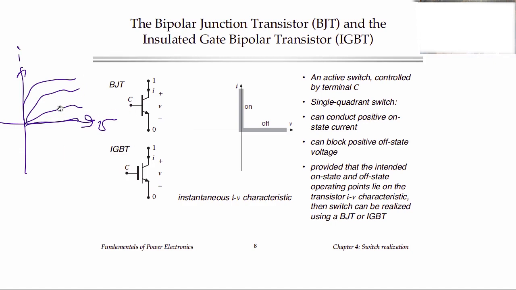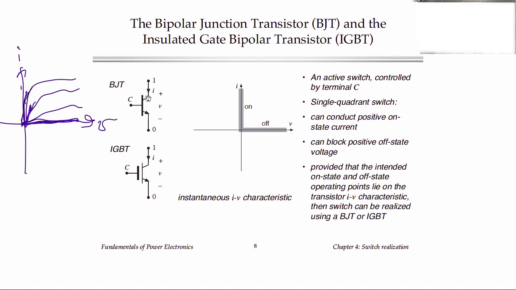And so these devices, when they're on, they operate with a voltage on this part of the curve that is close to zero voltage, and they conduct positive current. When they're turned off by their control terminals, then the characteristic is here, and they can block positive voltage.